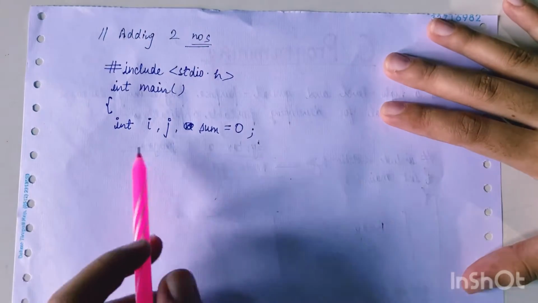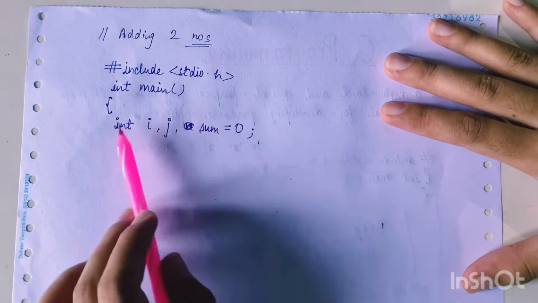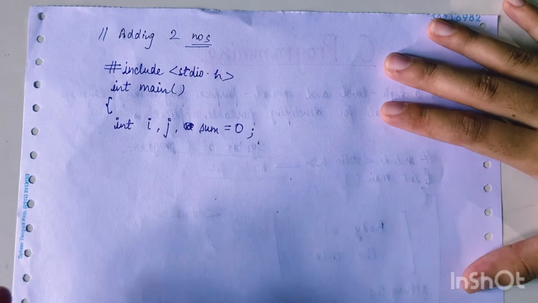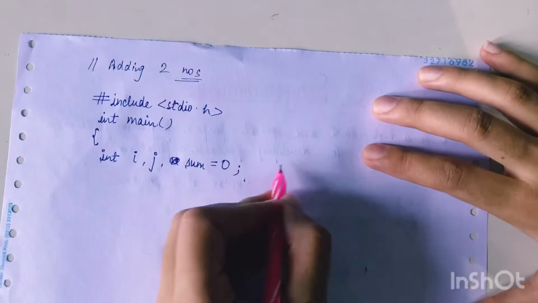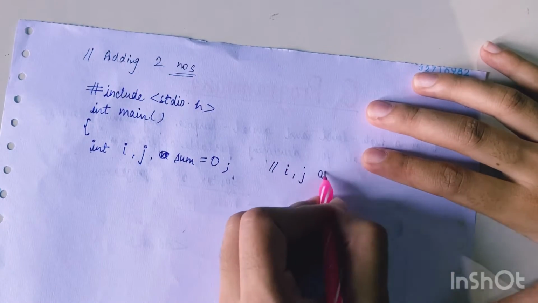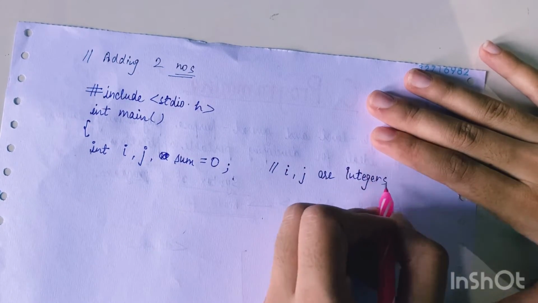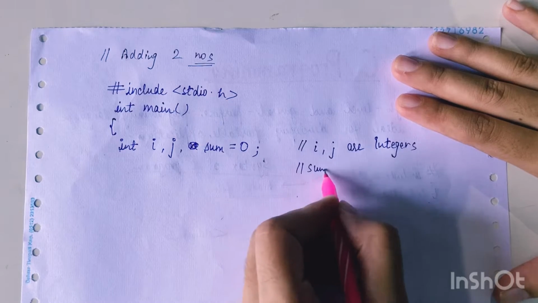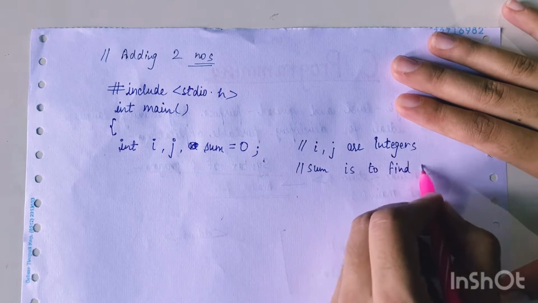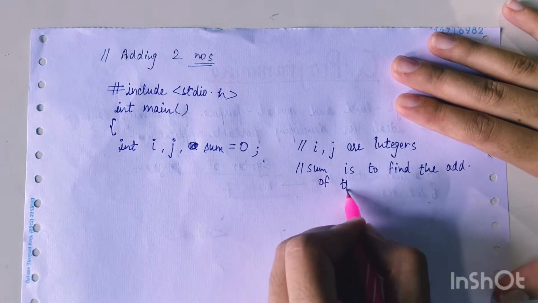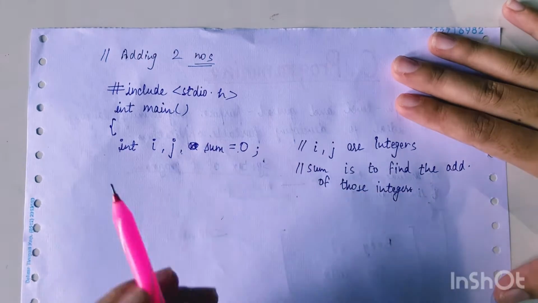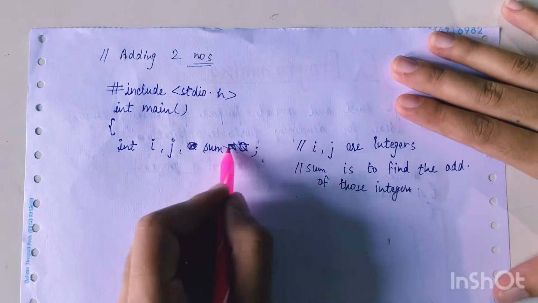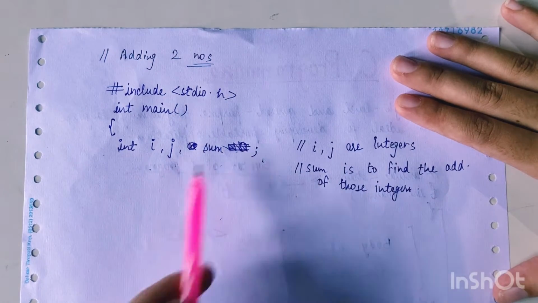This is how we define variables in C programming language: int i and j, and sum.